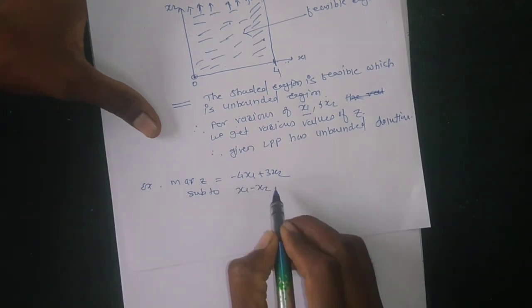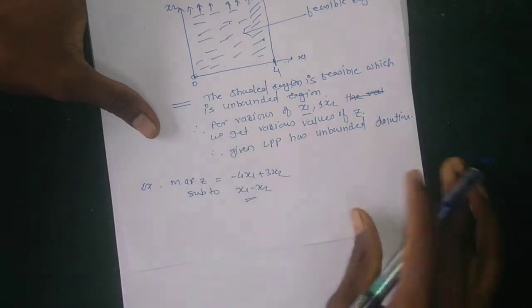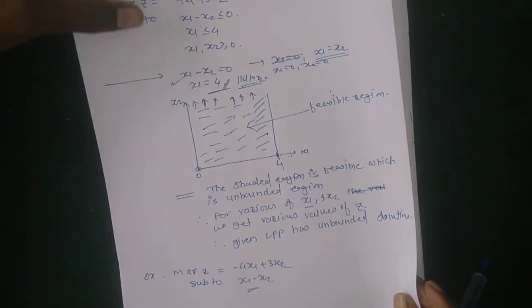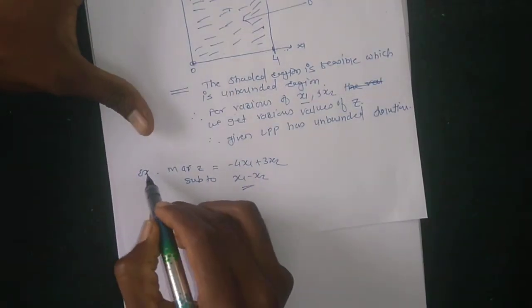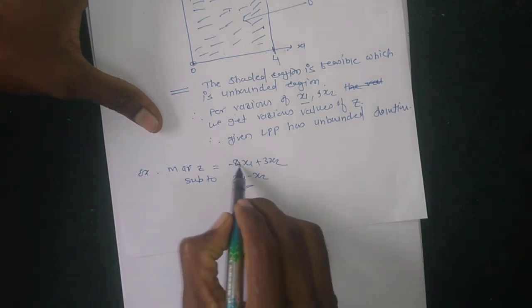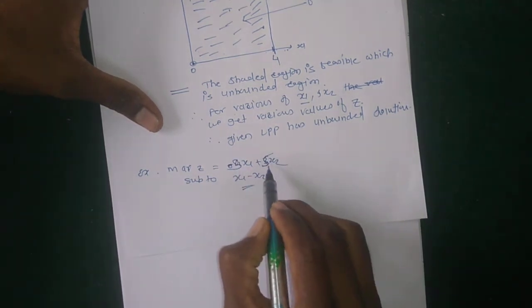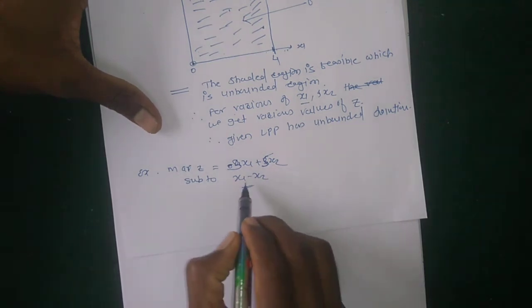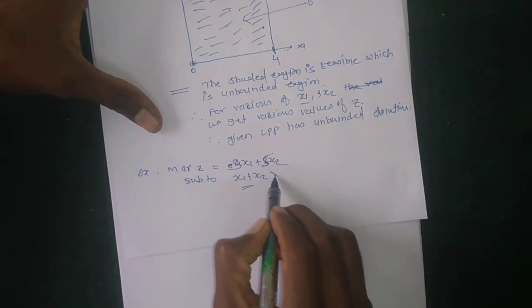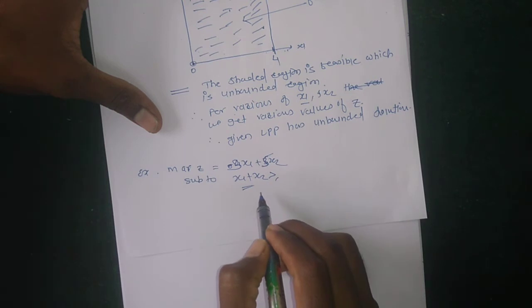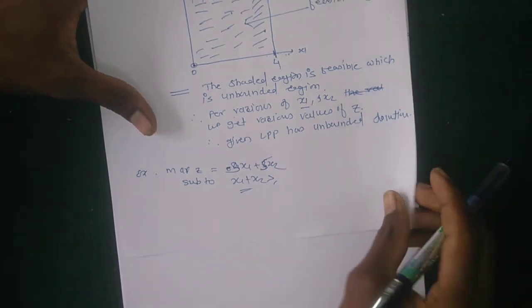This is the given problem. Here also, 3x1 plus 5x2 subject to x1 plus x2 is greater than or equal to. This problem is also given.